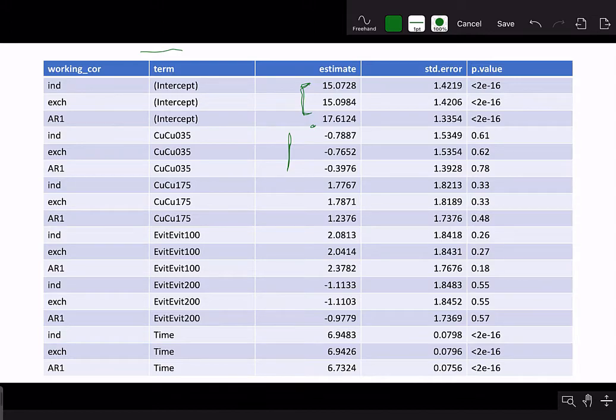And our standard errors have the same trend across all of the different betas that we have calculated. Looking at the p-values, you draw the same conclusions across all of the different working correlation structures. And this is good. That means that our inference is going to be relatively robust regardless of which correlation structure we choose.